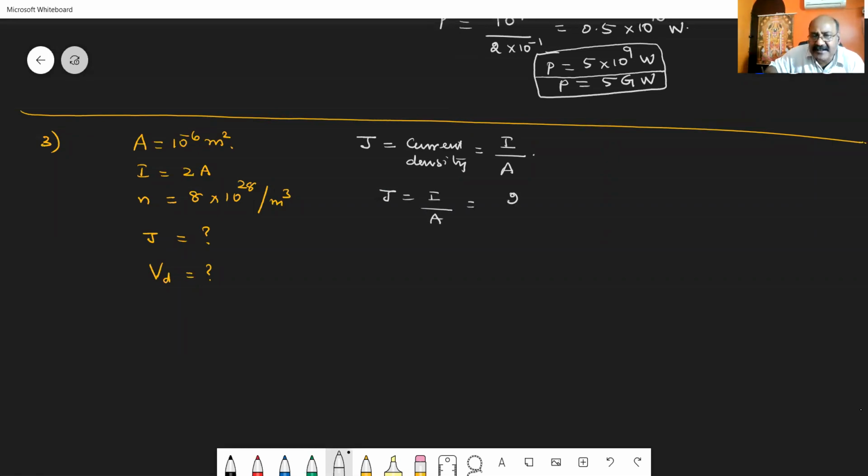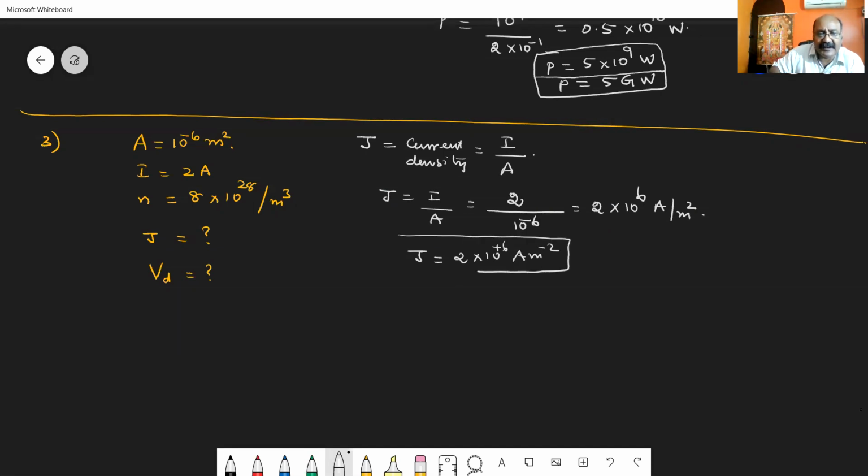The value of I is 2 divided by the value of A, 10 power minus 6. So taking this to the numerator, you get 2 into 10 to the power of 6. Current density is measured in the unit ampere per meter square. So J is equal to 2 into 10 power plus 6 ampere per meter square. This is the value of current density.